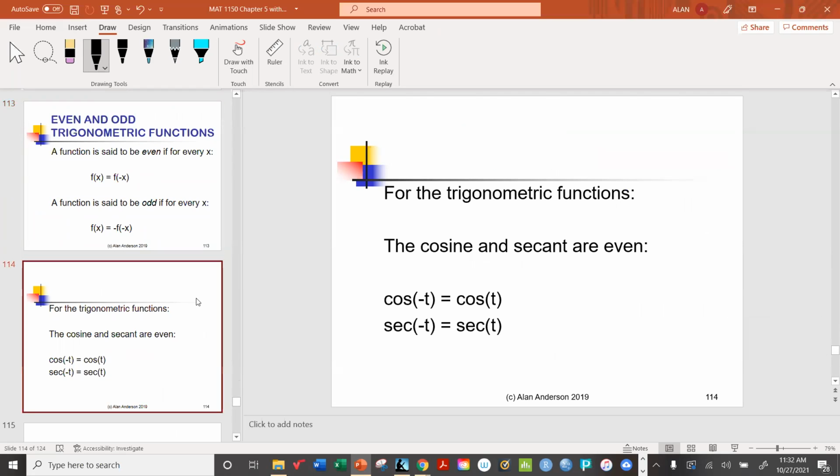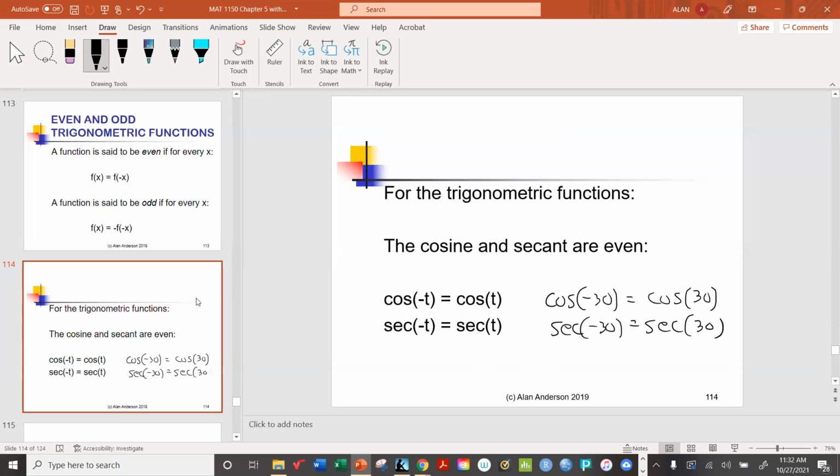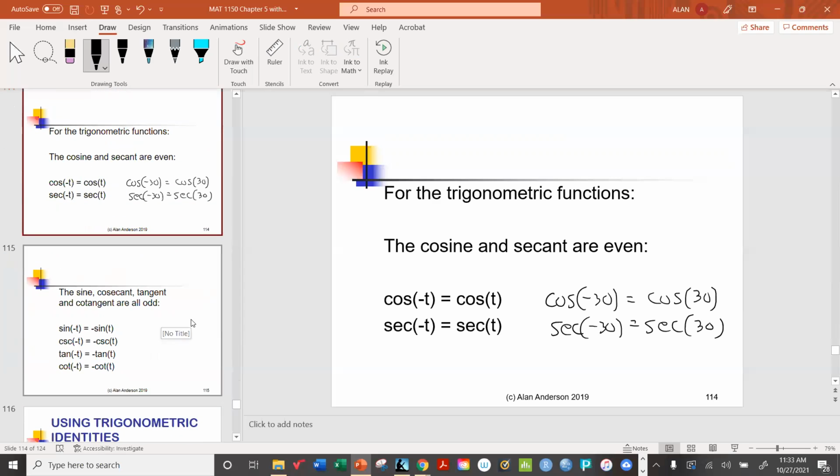So here, for example, we're saying that the cosine of negative 30 is the same thing as the cosine of 30. The secant of negative 30 is the secant of 30. What about the others? With the others, it's the other way around.